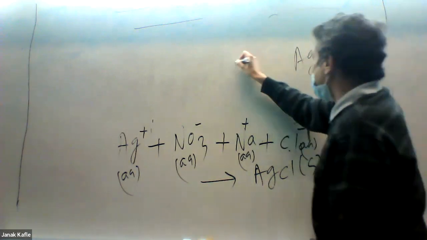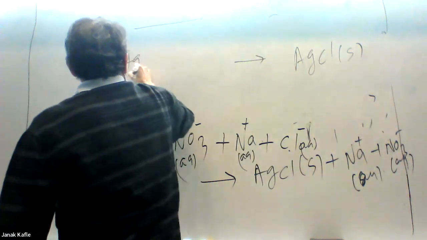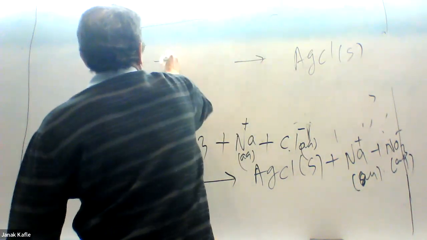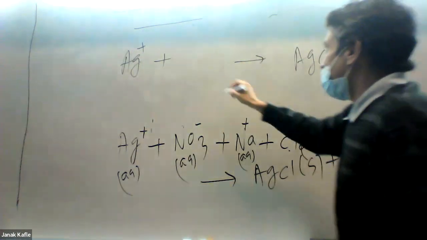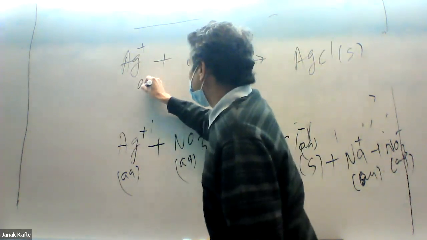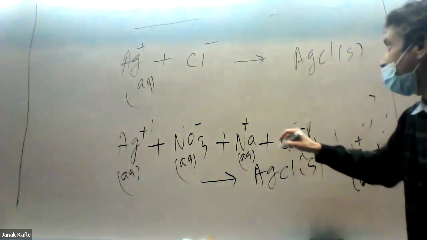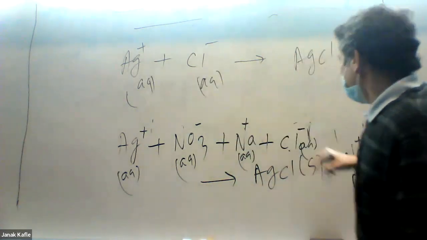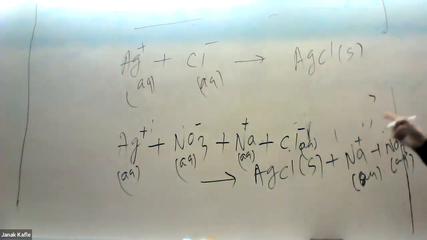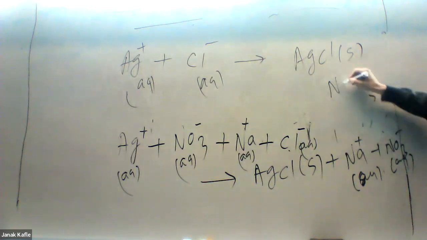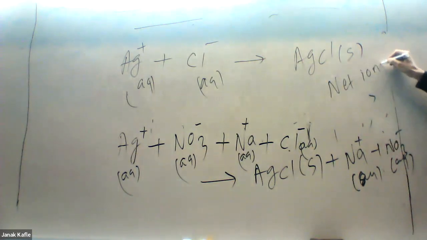And this is coming from Ag plus and this Cl minus. So this is AQ. Look here. This is AQ. Cl is here. This is also AQ. And Ag and Cl are combining like that. And this is called net ionic equation. If you write this way, it is called net ionic equation. You got it?